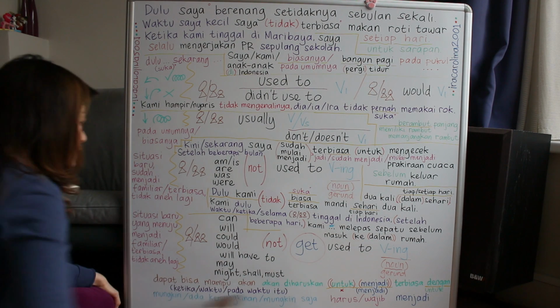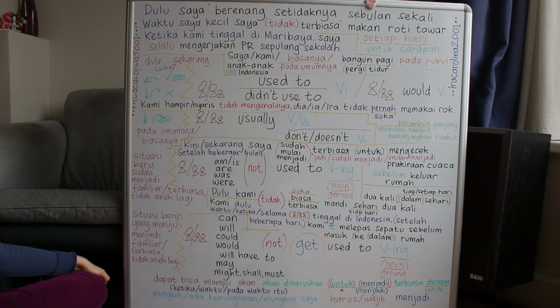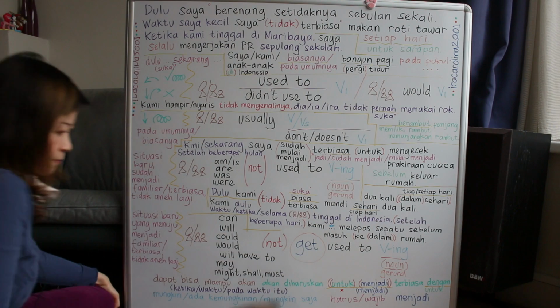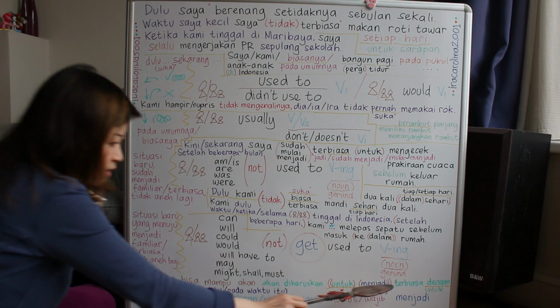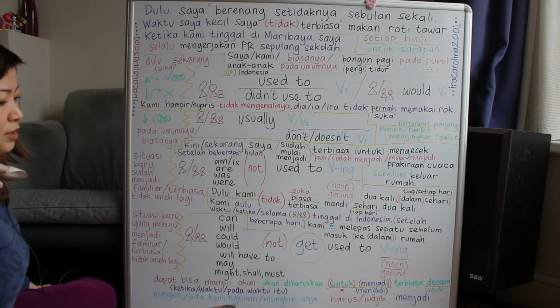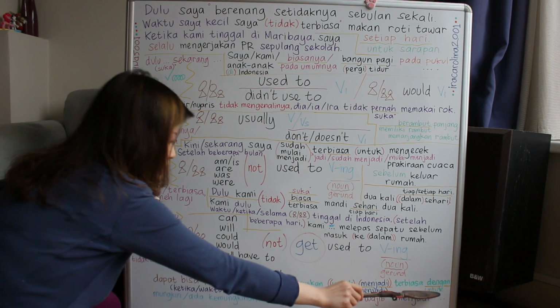And for this, I suggest to put the menjadi before we add the terbiasa dengan or terbiasa untuk.